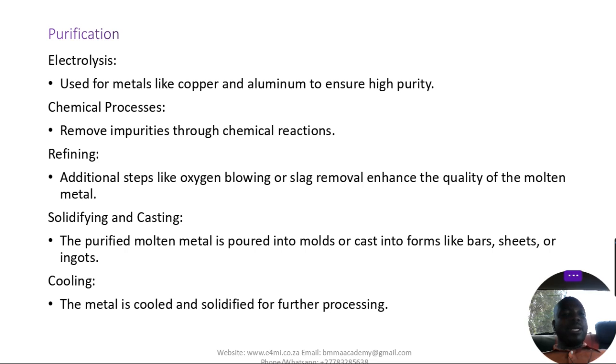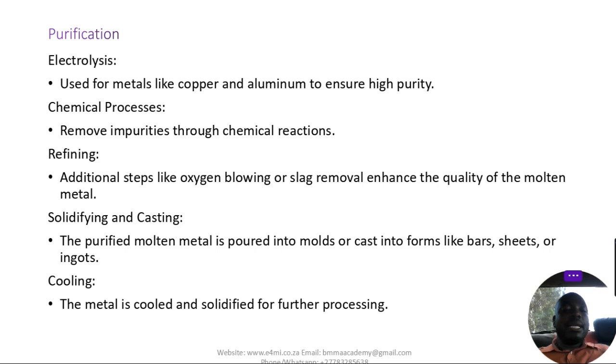There are certain chemicals that we can pour into the mixture that can help the impurities come to the surface and float, and then we can easily scrape them out in order to remain with the pure molten iron liquid.